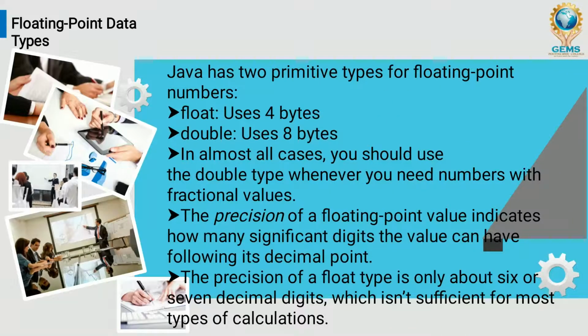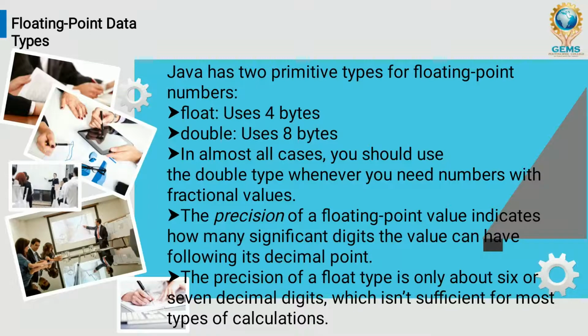So now we are going to see floating point data types. Till now we discussed integer types. Now we are going to discuss floating points. What actually are floating points? Floating points are nothing but fractional values, like 1.34, 1.61, 2.4 and 10.634.